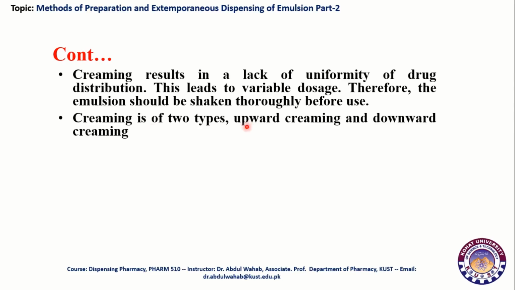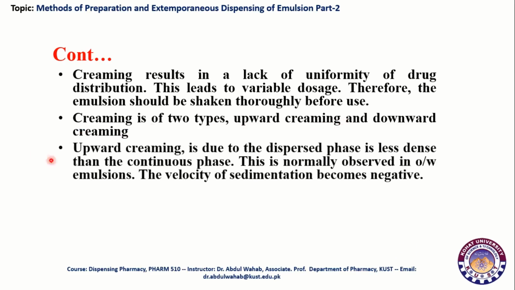Creaming is of two types: upward creaming and downward creaming. Upward creaming is due to the dispersed phase being less dense than the continuous phase. This is normally observed in oil water emulsion.